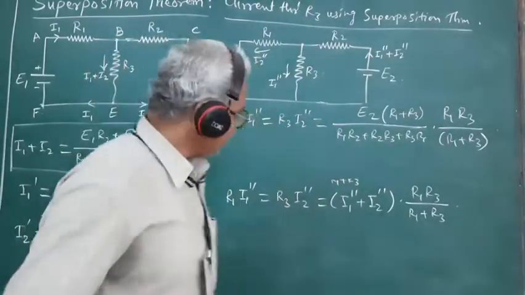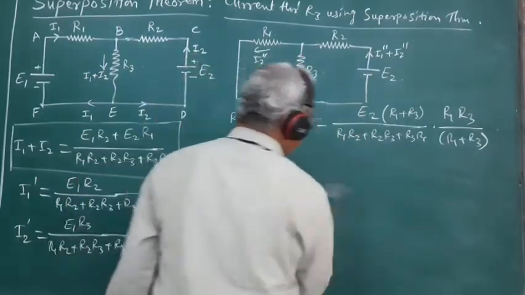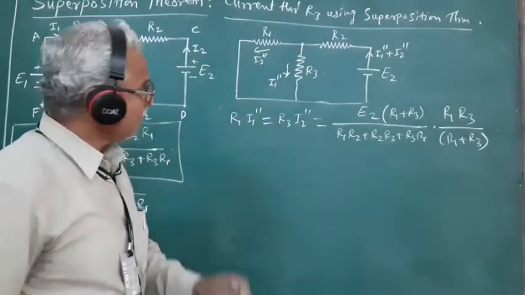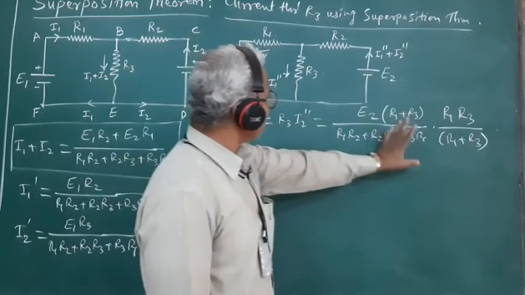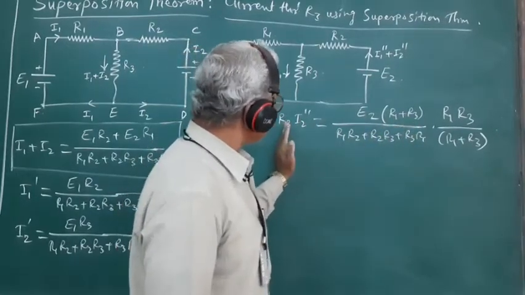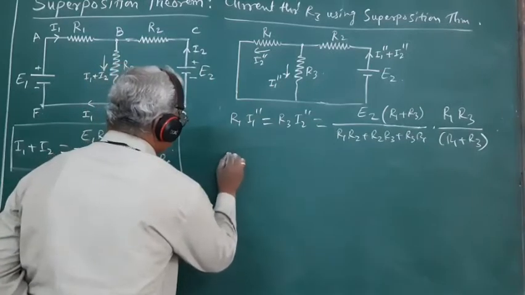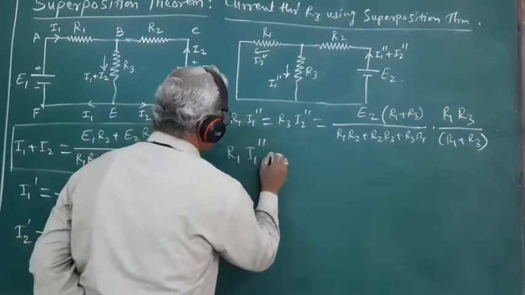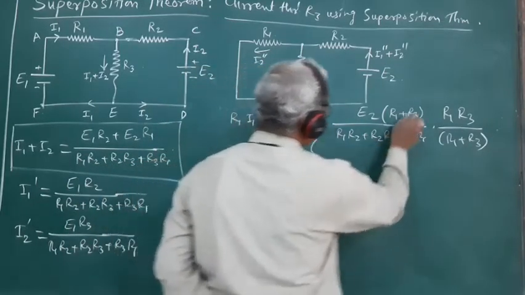We get this expression. So here we can obtain the expressions for I1 double prime, I2 double prime by comparing the first term and the third term, and by equating the second term and the third term. Equating the first term and second term, we get R1 I1 double prime is equal to this here.